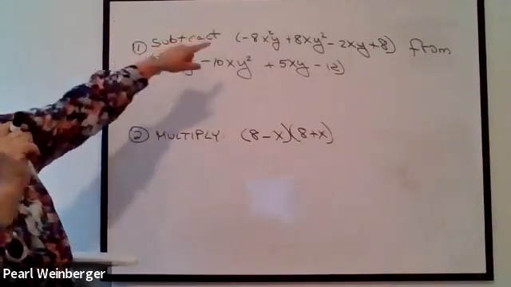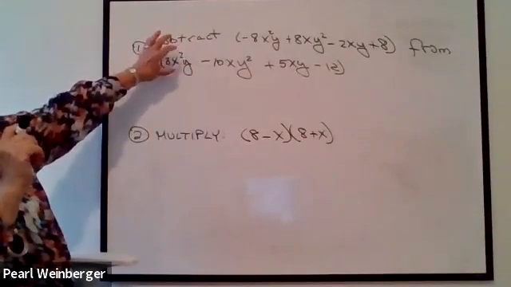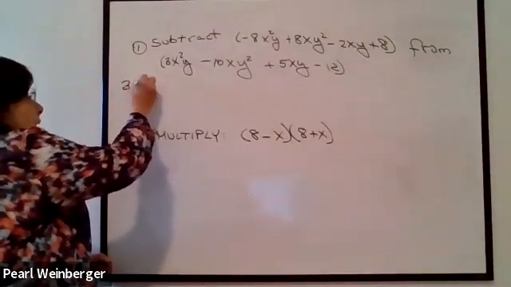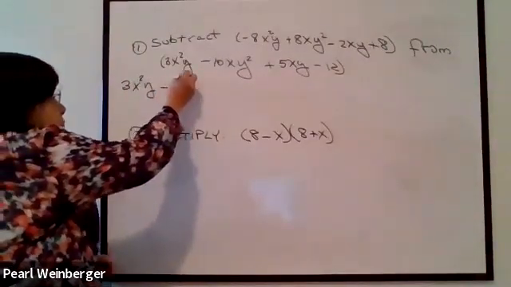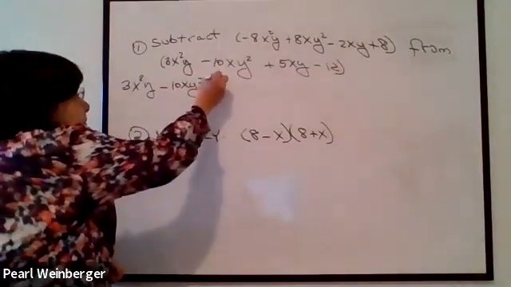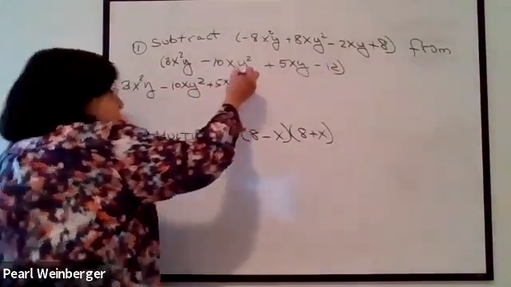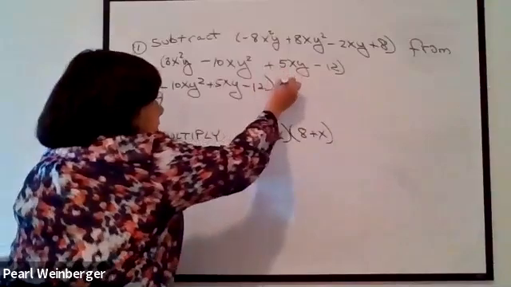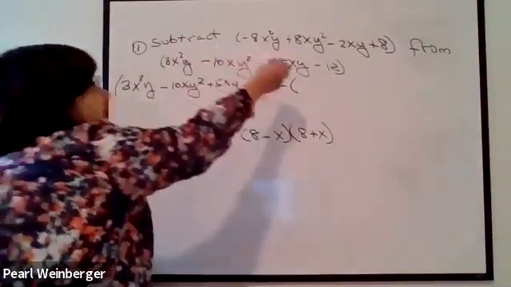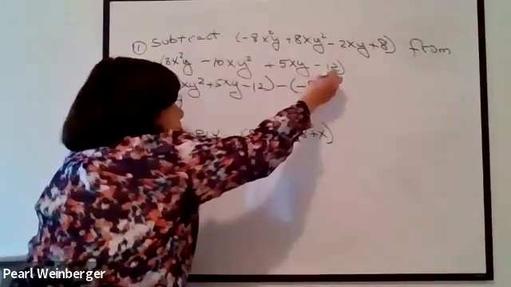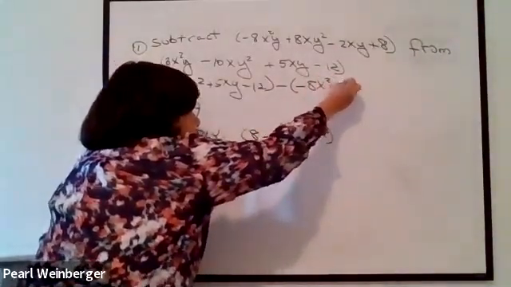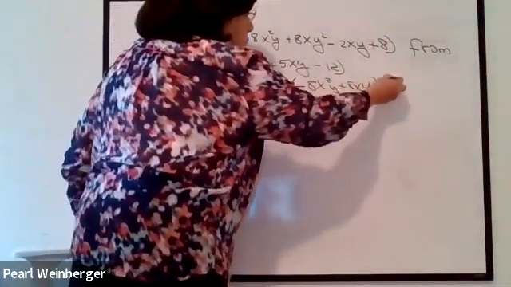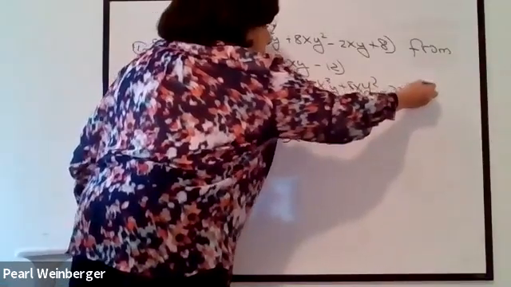It says subtract the first one from the second, which means you have to put the 3x squared y minus 10xy squared plus 5xy minus 12 first, and then minus the negative 8x squared y plus 8xy squared minus 2xy plus 8.